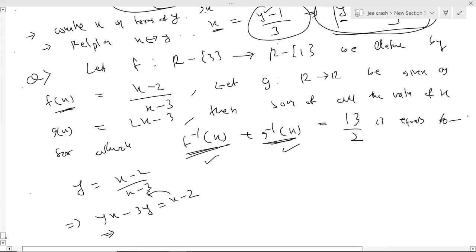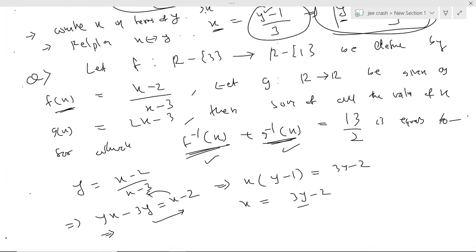Right. So this x will be here, so I will take it there. Taking x common, y minus 1 will be equal to 3y minus 2. x is 3y minus 2 upon y minus 1. Replace x with y. So y is 3x minus 2 upon x minus 1. This is the inverse of f.